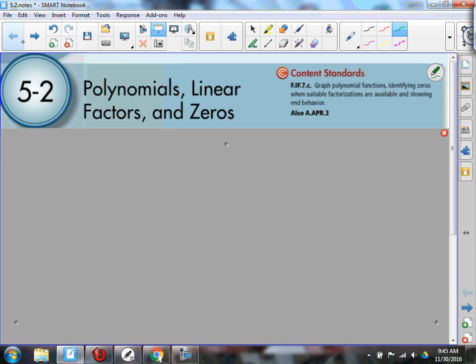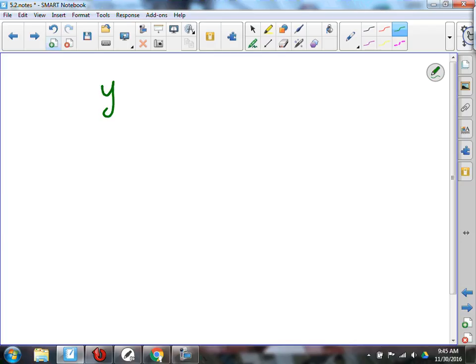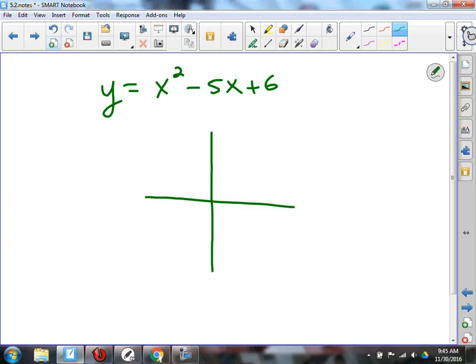We had mentioned the end behavior before, so let's go back for a minute to chapter 4. In chapter 4 we saw something like this: y equals x squared minus 5x plus 6. That's a standard form quadratic function. Standard form doesn't really help us much because all it tells us is that the y-intercept is 6.